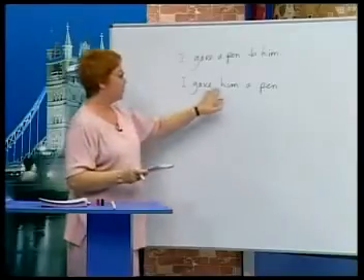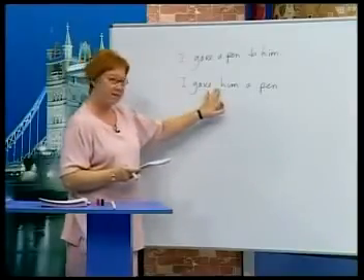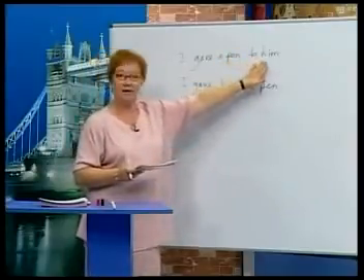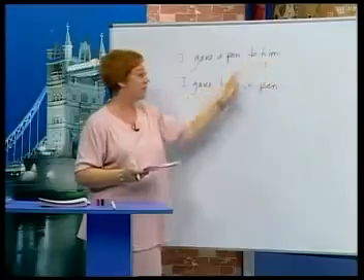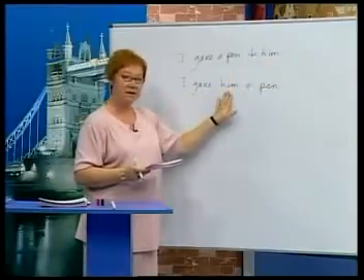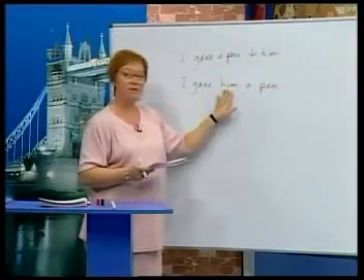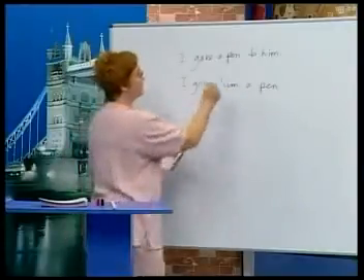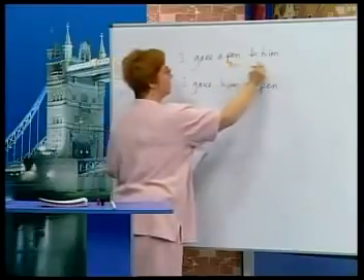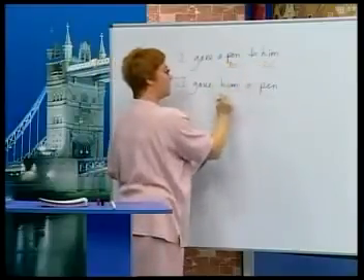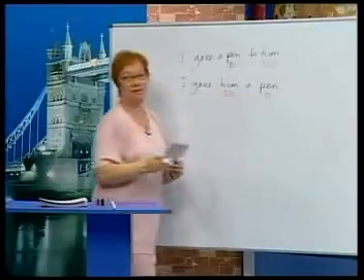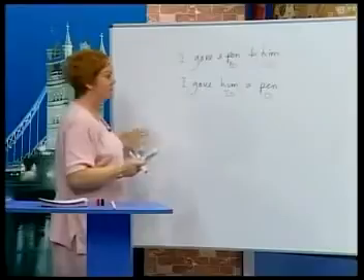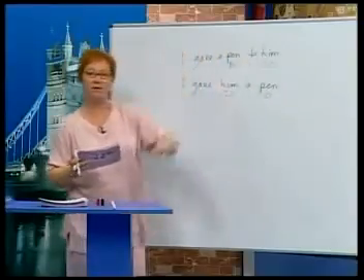Now, there's no to here. Here there is, because we have direct object, indirect object. When we put it here, it's still the indirect object, but there's no to, no for. Okay? So they're the same. But when we move it, we take out to.